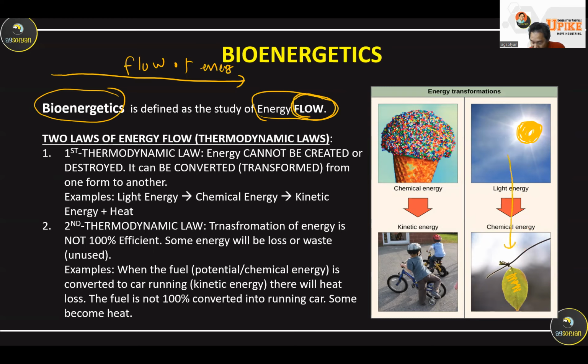From here, this glucose becomes what we call the chemical energy, going to the kinetic energy, which is used by us, in this case by these children, to move, becoming the kinetic energy. From this kinetic energy, it can become another type of energy, but it never goes back to the sunlight again. So energy will only go one way. Therefore, it's called the flow of energy.